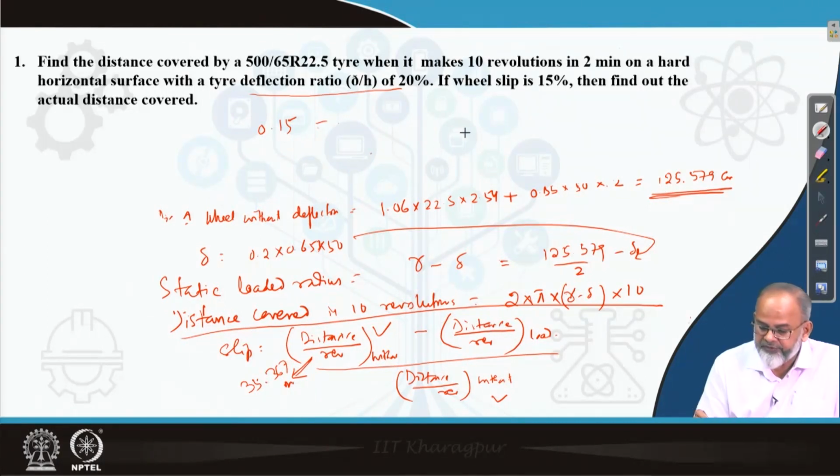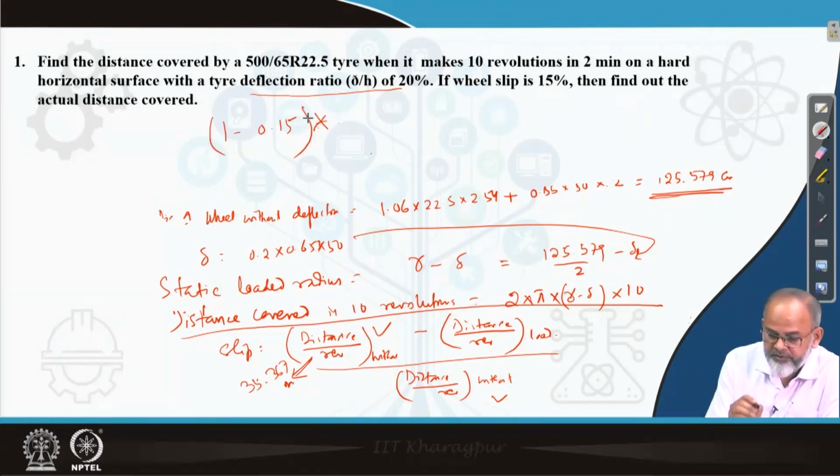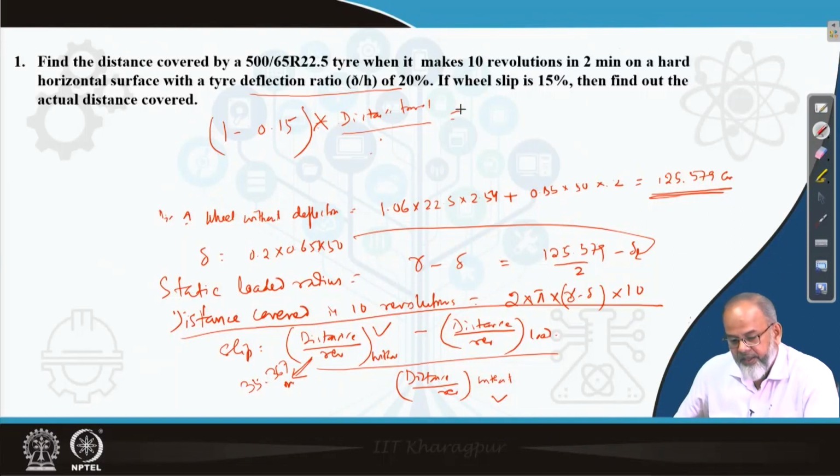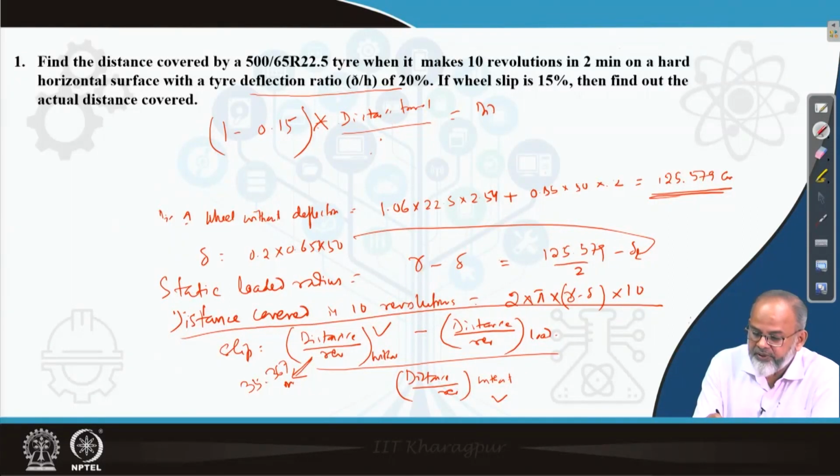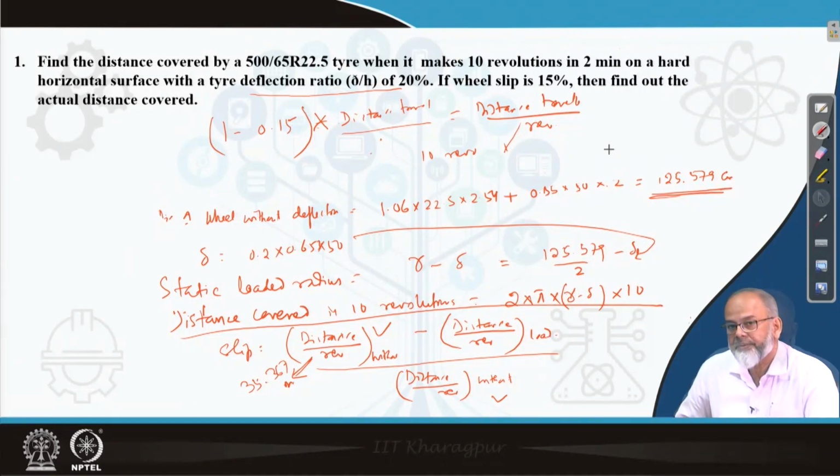So the distance per revolution with load will be equal to 1 minus this, into the distance traveled without load. That will give you 0.85 times this value, which gives the distance traveled with load per revolution. Now for 10 revolutions, you just multiply this value by 10. That will give you the total distance covered.